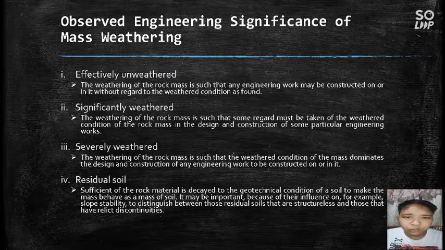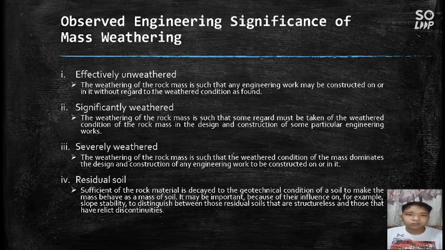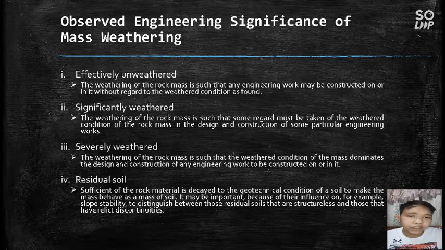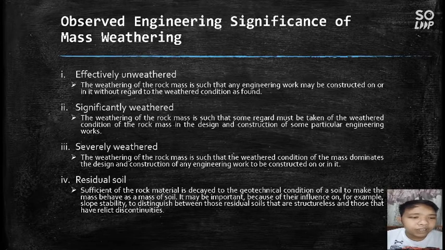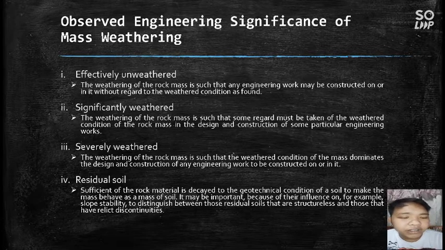So, to give you an overview, it is how weathering has affected rock materials to a certain degree. First is the effectively unweathered, which is the weathering of rock mass such that any engineering work may be constructed on it without regard to the weathered condition as found.